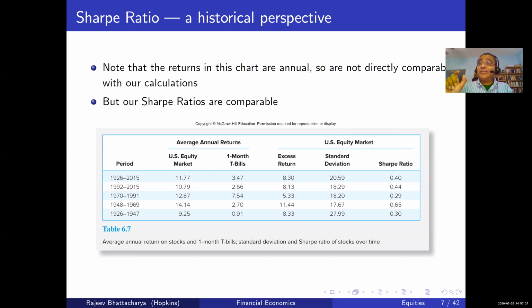However, as we saw, for the S&P 500 from 2017 to mid-2018 it was 0.47, significantly higher than that. Anyway, 1992 to 2015, 0.44. 1992 is when the US had just recovered from the recession toward the end of President Bush Sr.'s administration.